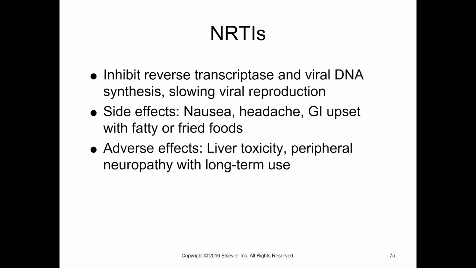NRTIs. So these drugs are reverse transcriptase inhibitors. They basically shut down viral DNA synthesis. So what happens is retrovirals are RNA based. We already talked about that. Well, our body has to kind of make DNA, right? Well, if our body is using DNA to make proteins, how is the retrovirus going to make more RNA for itself?